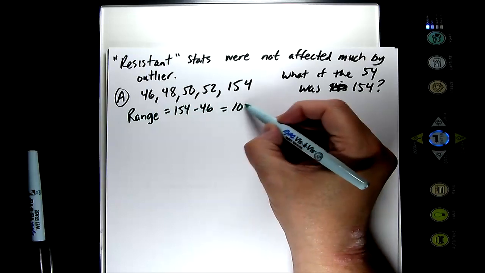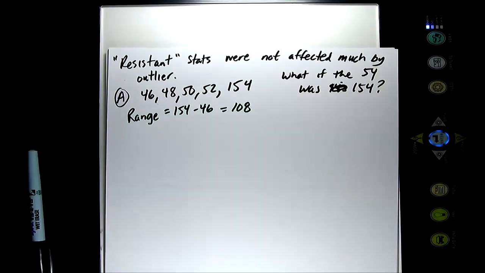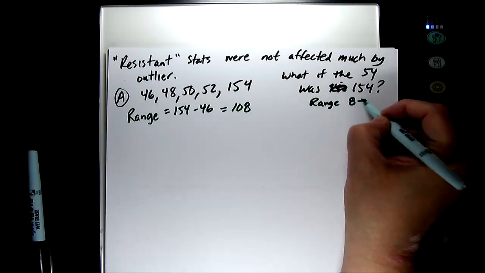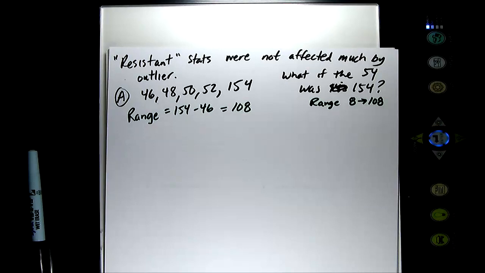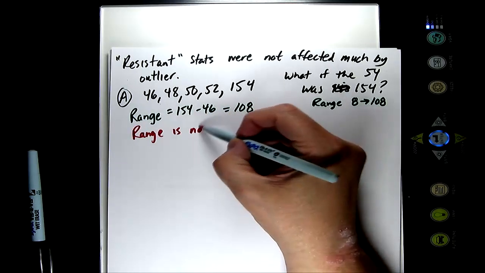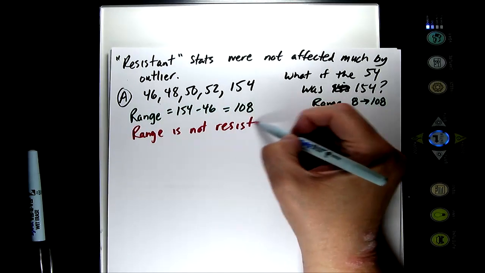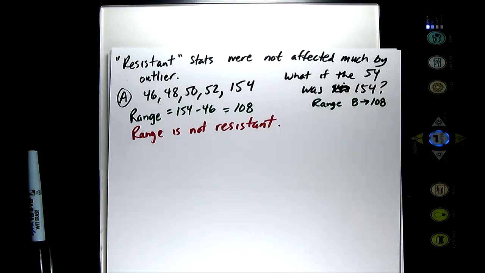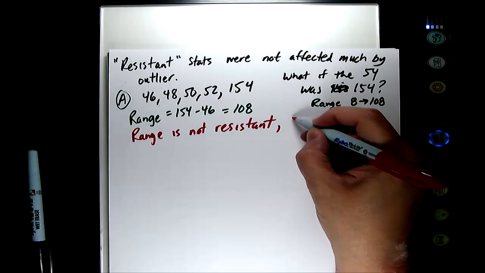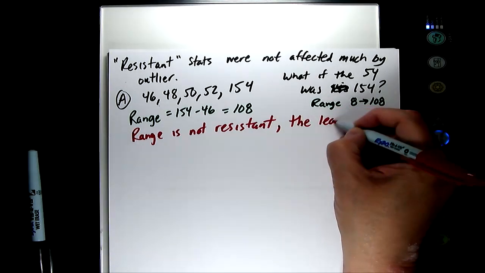So our range should have jumped by 100. So the range went from 8 to 108. This means the range is not resistant. In fact, of all the different measures of dispersion that we're going to do over the next few classes, it's probably the least resistant.